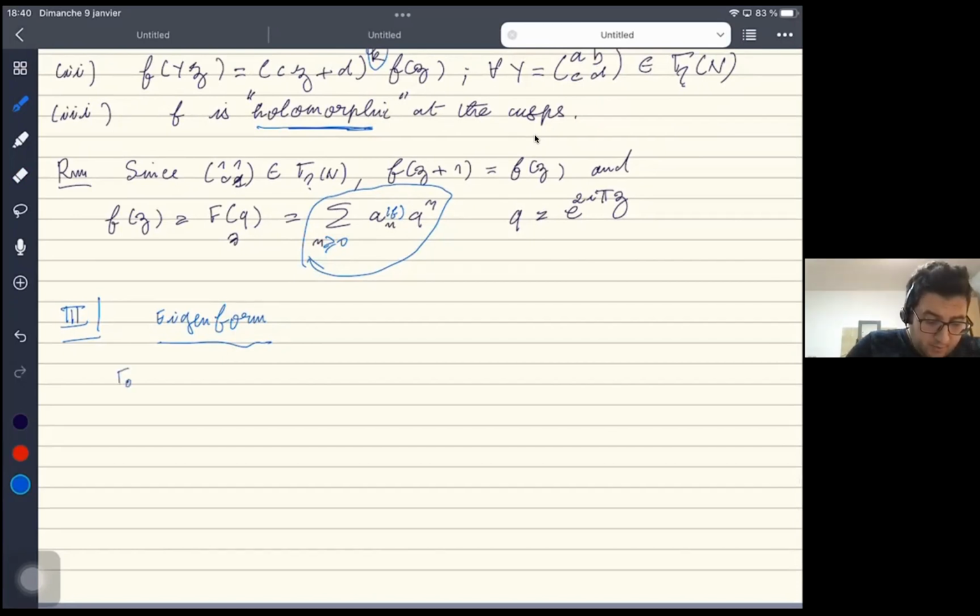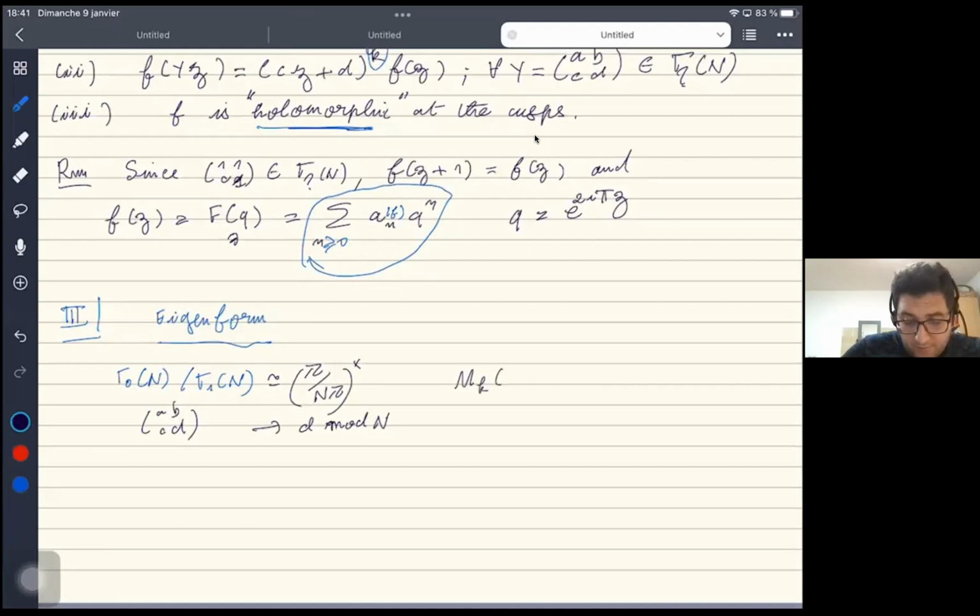I just remind you that here we have an isomorphism, which sends (A, B; C, D) to D mod N. Then if you take the space of modular forms of level Gamma_1(N), you can act on it by Gamma_0(N), but this action will factor through Gamma_1(N) because of this cocycle condition.